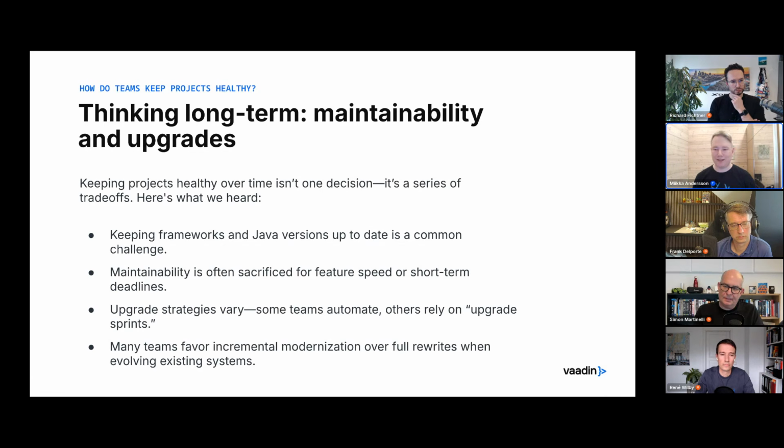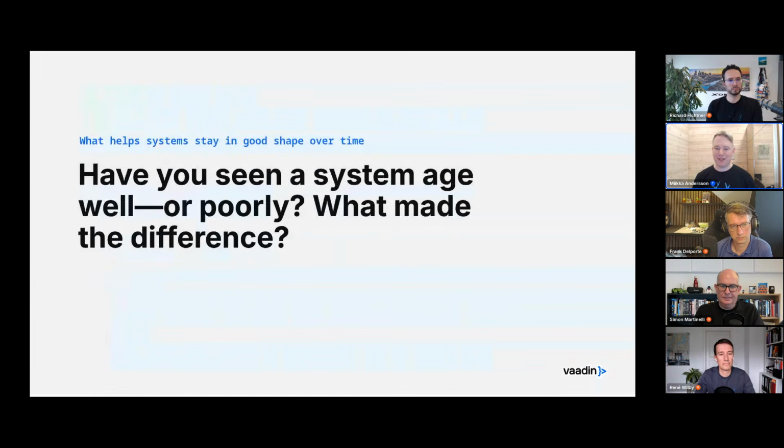And in some cases, they might wait for quite a long time and have to do a bigger bang upgrade. So, very briefly, have you seen some systems, applications, or products that have aged really well or poorly? And if so, what has been the reason? Let's try to be very quick with this one. Let's start with Frank.